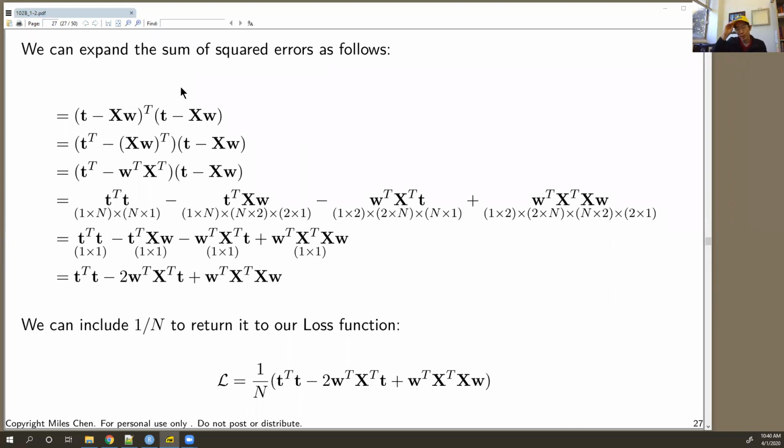I don't know if you remember what's allowed with the transposes and things like that. But you're going to distribute the transpose and you get t transpose minus (xw) transpose times t minus xw. And when you distribute a transpose over a product, xw, what it does is it reverses the order and you get w transpose x transpose. This is all your matrix multiplication transpose rules.